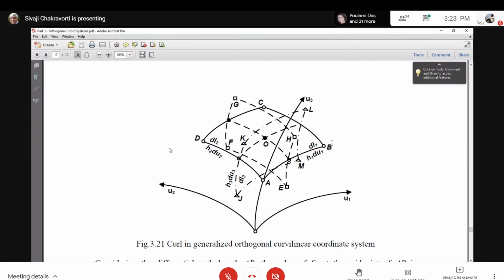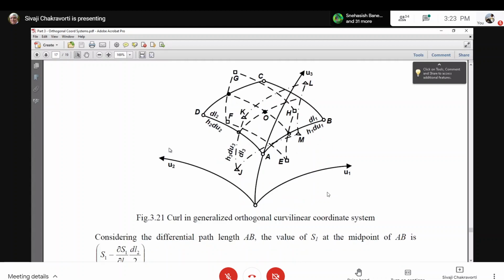So it is A, B, C, D, A. This is an area in the U1, U2 plane. Again, let's say that the vector field is known at the midpoint O. Then applying Taylor series, we'll find out what the values are at the midpoint of AD, the midpoint of BC, then CD and AB.